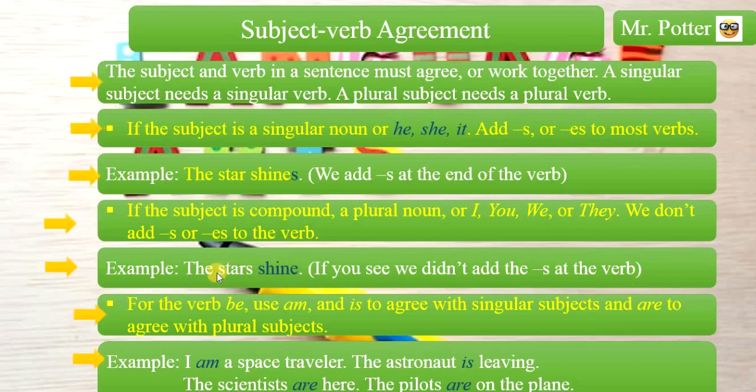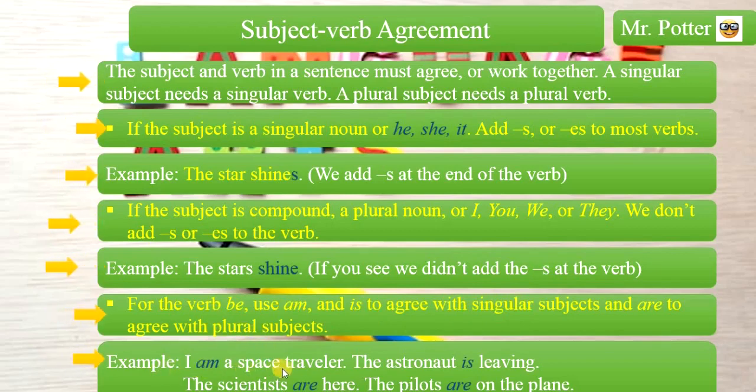Shine. Because we are talking about a plural, stars. For the verb be, use am and is to agree with singular subjects and are to agree with plural subjects. Remember, singular is when we are talking about only one, and plural when we are talking about more than one.